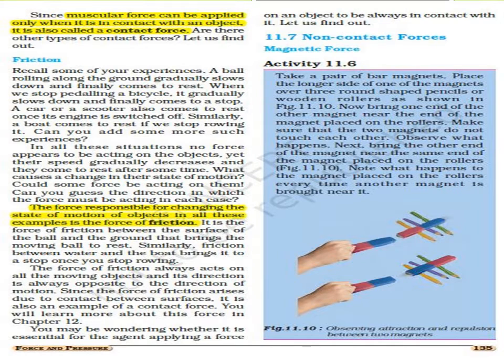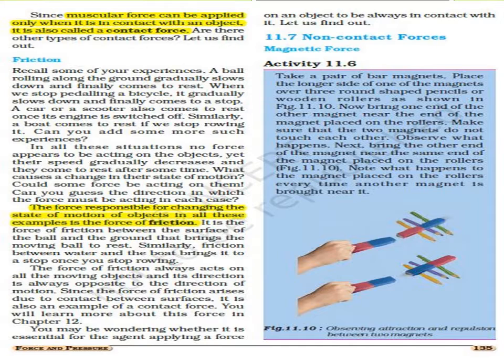Now, why is muscular force under the category of contact force? Because it can be applied only when it is in contact with an object. Similar to muscular force, another contact force is the frictional force. Now, what is friction? Frictional force is an example from our daily life. While walking, we see that we do not slip.